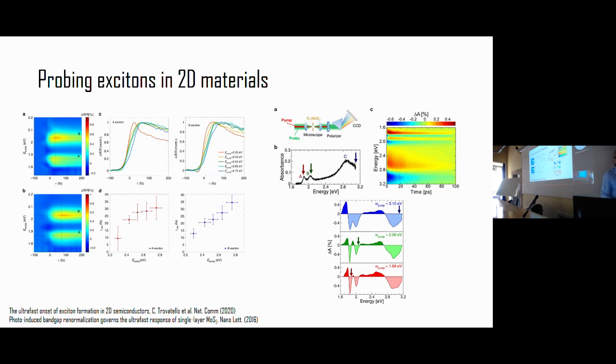So it means that you recover the ground state. Here are different pumps. A and B are resonant with the excitation. You have 3 different pumps, and for each pump, you do this plot. This is the probe energy.